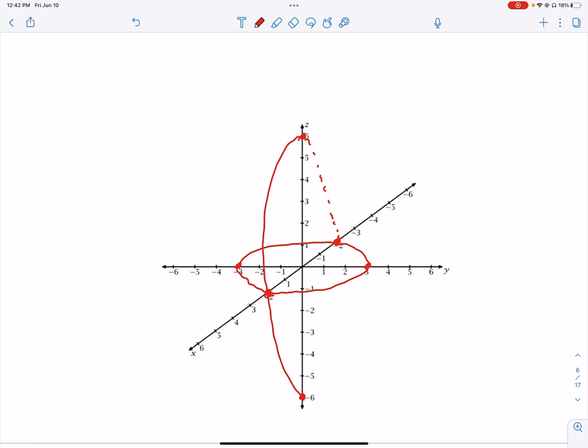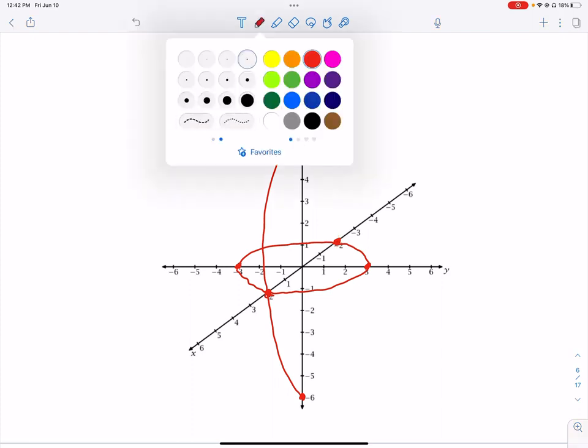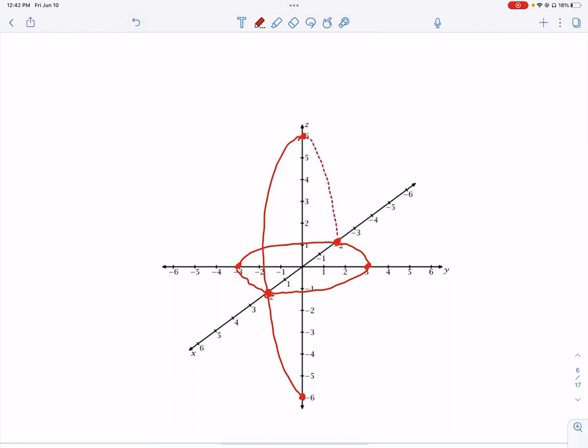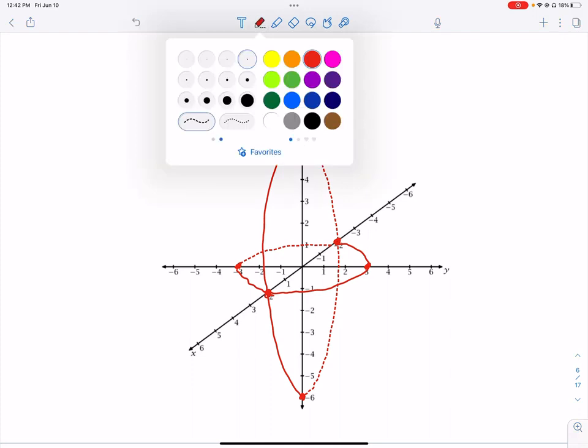Hold on, I have a dotted line. Cool, and you could even do this side. Technically, we can't see that either. Okay, that covers 2 of those.